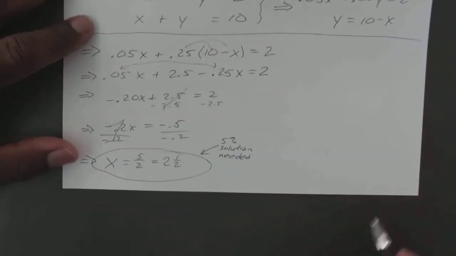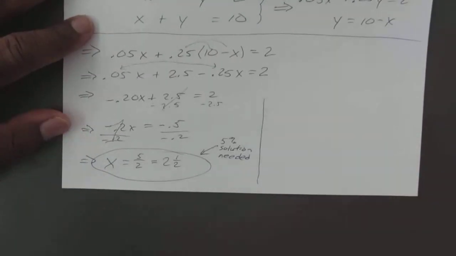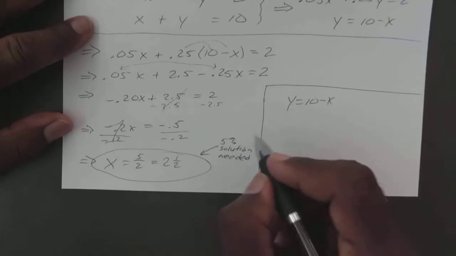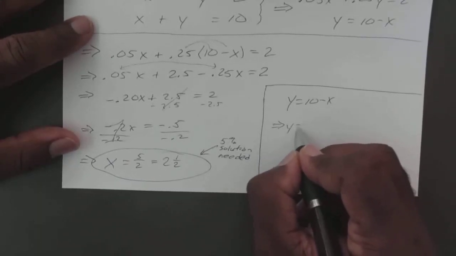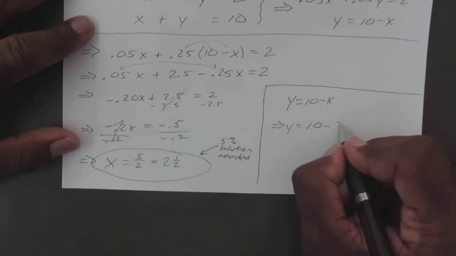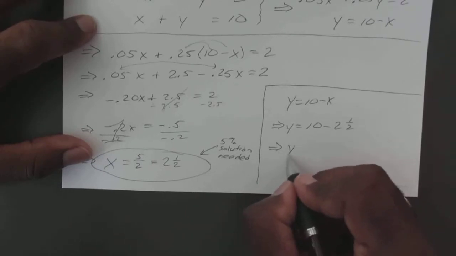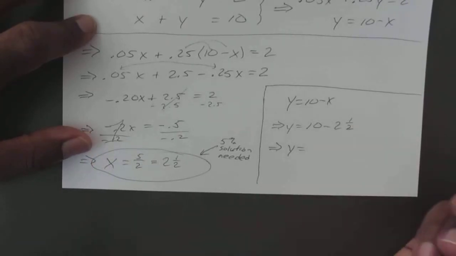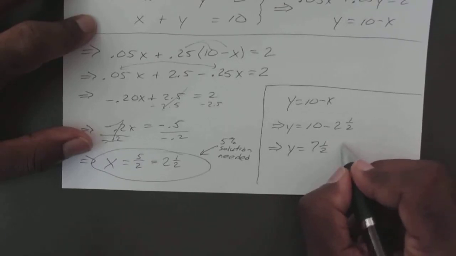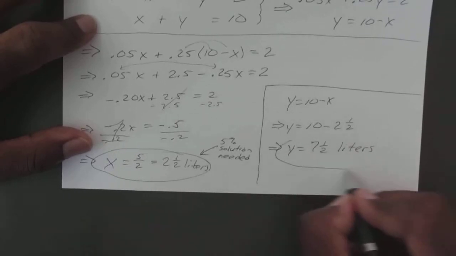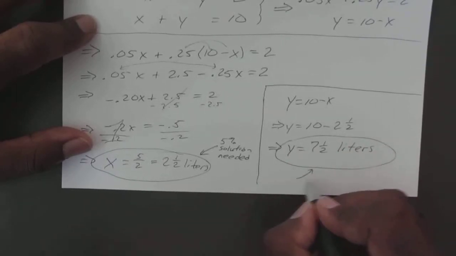Since y is equal to 10 minus x, y is equal to 10 minus 2.5, which is 7.5 liters. And that's how much you'll need of the 25% solution.